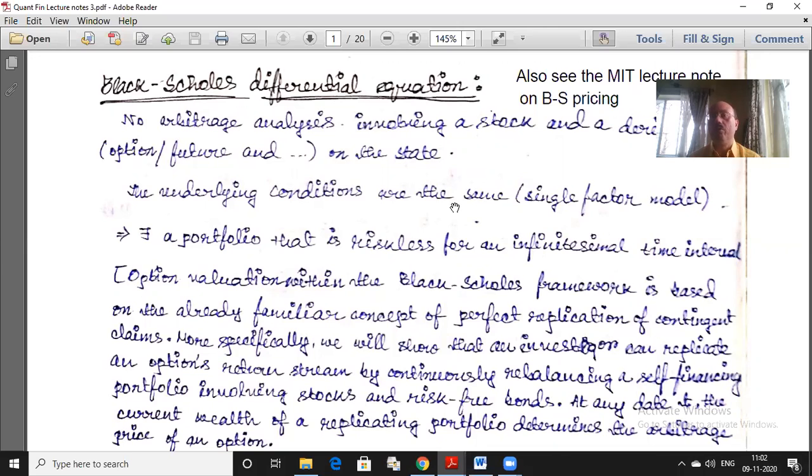To prove the put call parity result, what we did was we looked at some cash and the call option on one hand, that was a portfolio, and the stock and the put option on the other hand, that was the second portfolio. And we showed that these portfolios have the same value in all states of nature, and hence their day zero price has to be the same.